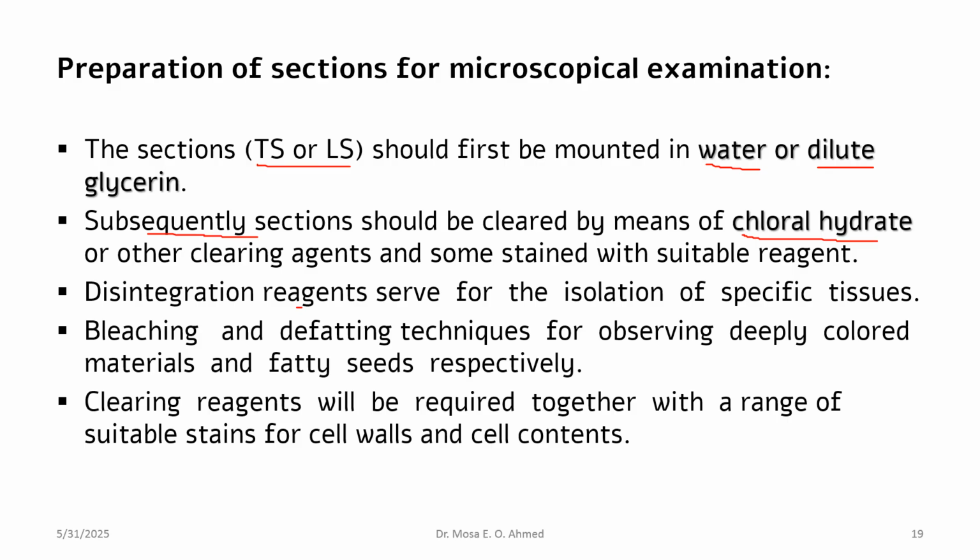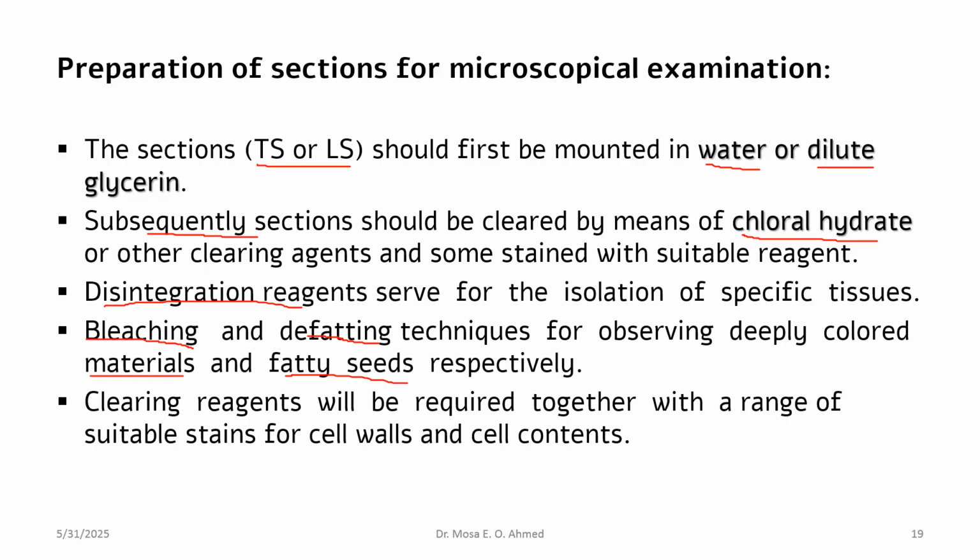Also, disintegration agents such as formic acid can be added to the section to aid the isolation of specific tissues, especially the tracheids and conducting vessels. Bleaching agent can be added to remove colored material, and defatting agents or techniques can be used to remove fats from the seeds.